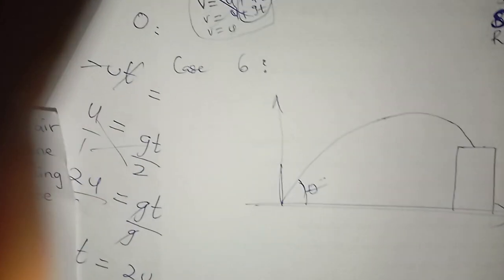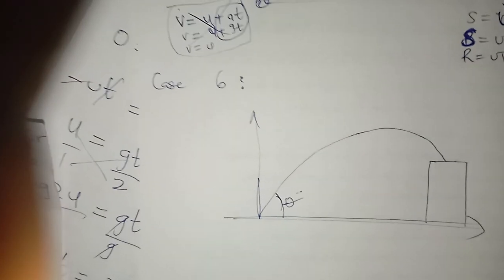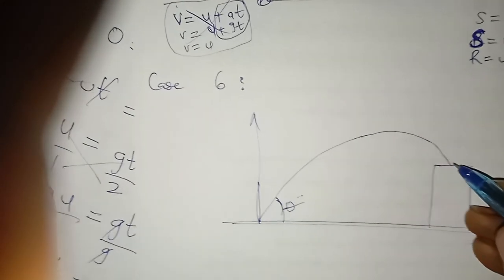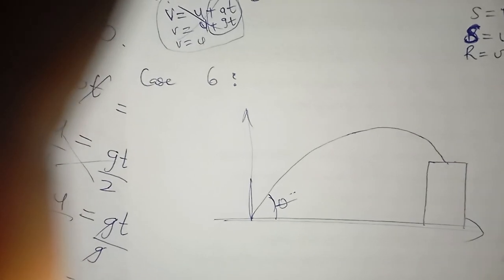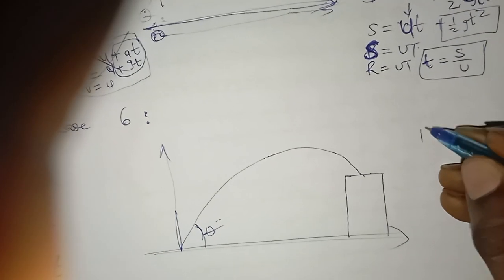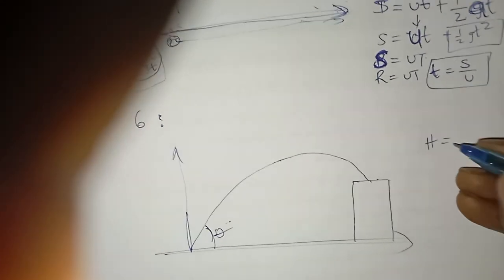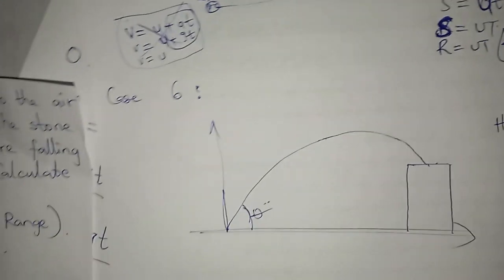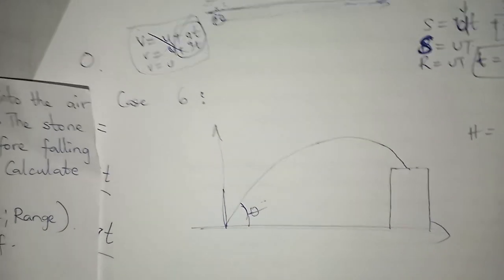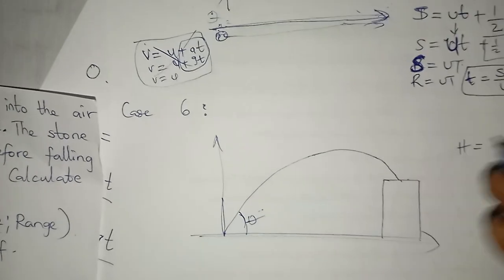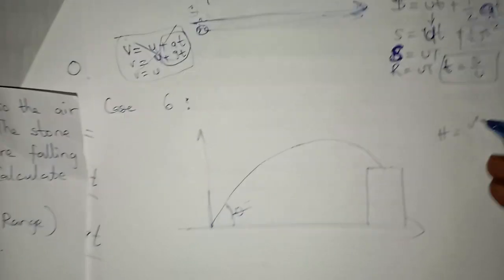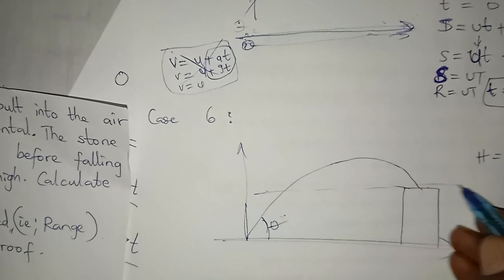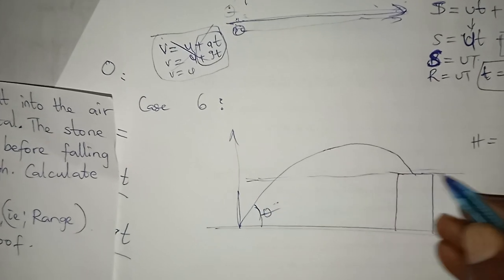So let's go to the last case, case 6. In this case 6, if they tell you a body moves this way and then lands on this body, and they tell you to find the maximum height, all you need to do is simply apply case 2. There's an angle, find the maximum height, and notice that everything here is looking like the normal case 1.